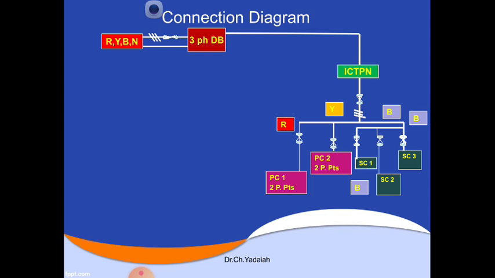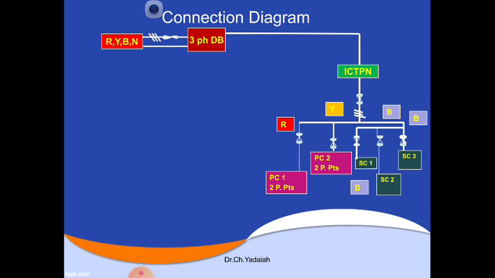From this it is connected to the fuse wire, and to the 3 phases R, Y and B. Here R phase is connected to the 2 power points and Y phase is also connected to the power points, whereas B is connected to the 3 sub-circuits: sub-circuit 1, sub-circuit 2 and sub-circuit 3.